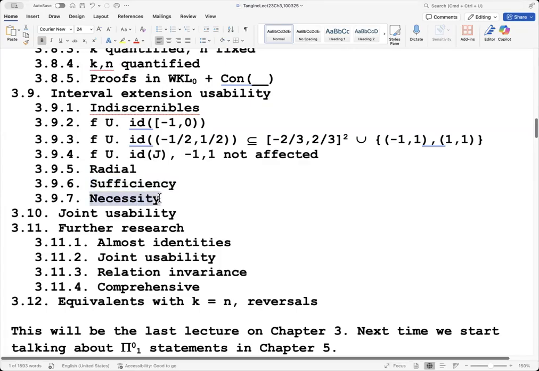Now, necessity, I know very little about necessity. I have been bad at figuring out elementary proofs of refutation that certain functions don't work. By the way, long, long ago we proved that strictly increasing is required for full usability or even two usability. So strictly increasing is not negotiable.